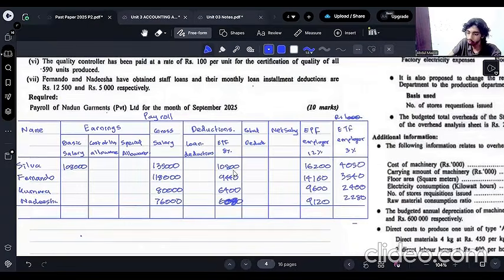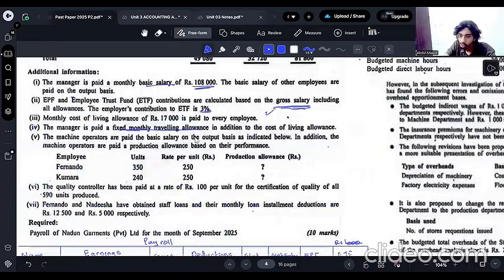So 17,000 for everyone. The machine operators are paid the basic salary on the output basis as indicated below. In addition, no, I didn't see this.